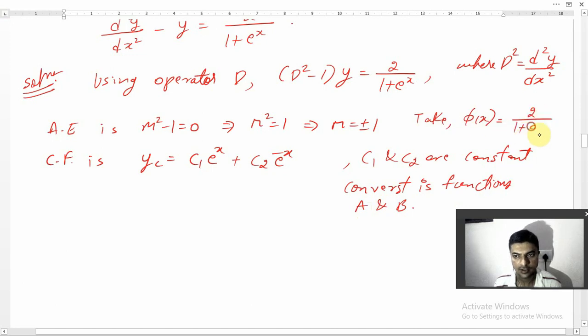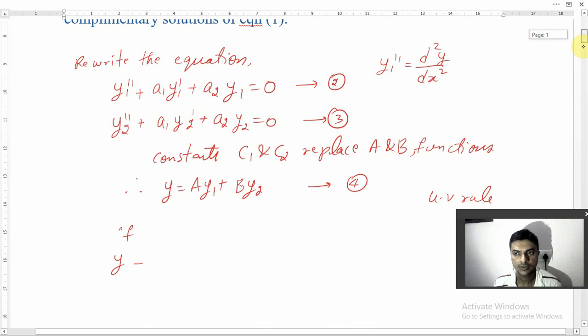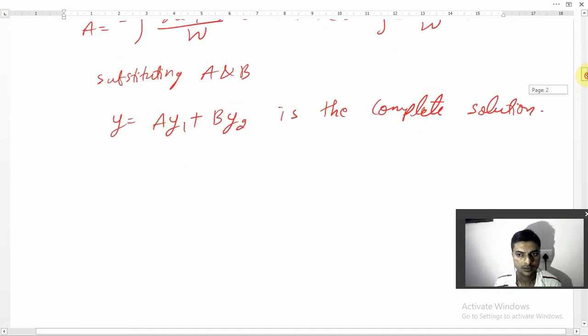So 1 plus e raised to x. I am going to take this as y of c, or just y only, so that the simplification will become easier.